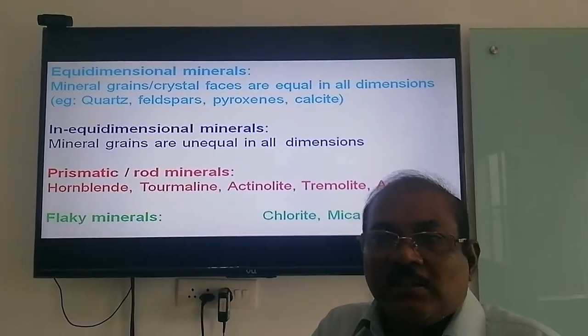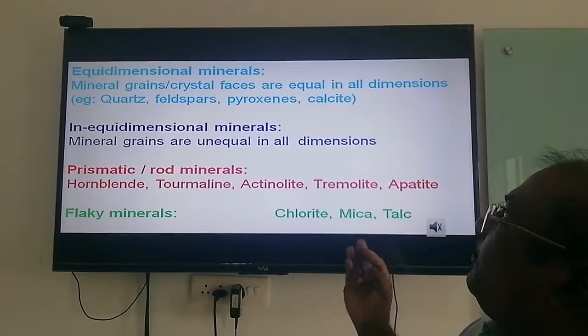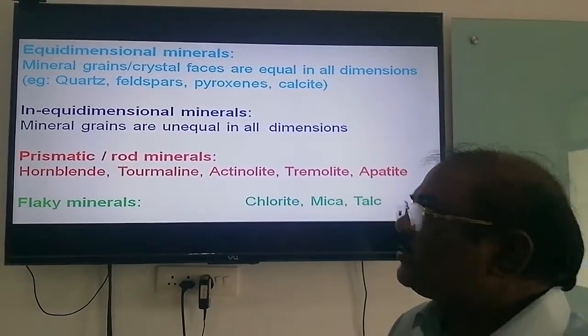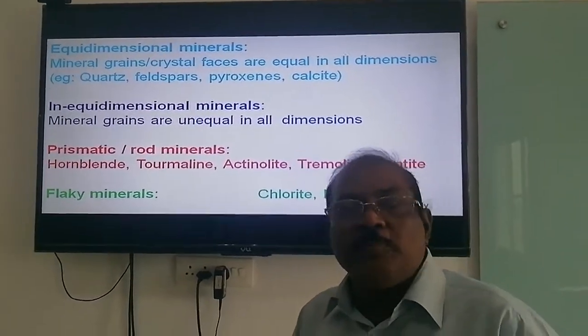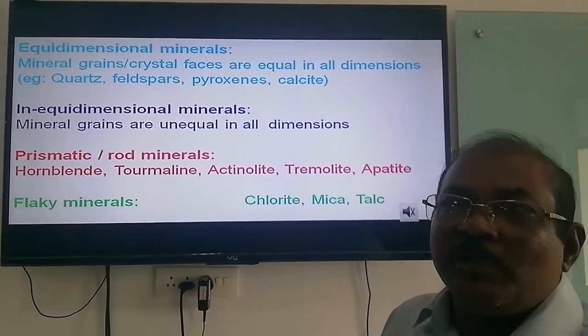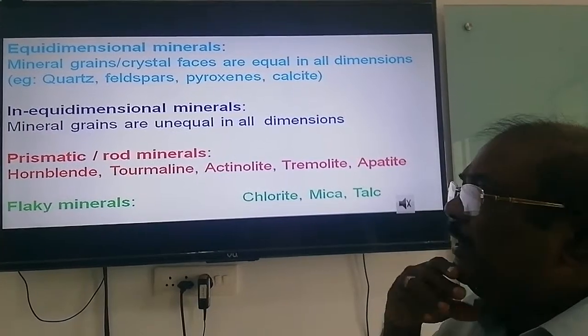That means the grain size is not equal. So quartz, feldspar, pyroxenes, calcite belong to equidimensional minerals, and inequidimensional minerals means they are not equal. That means all the mineral grains are unequal in all dimensions.